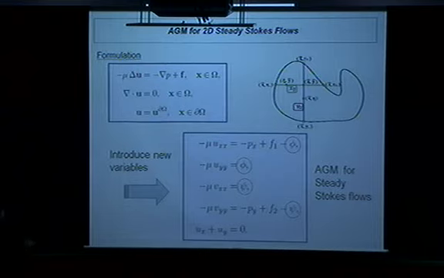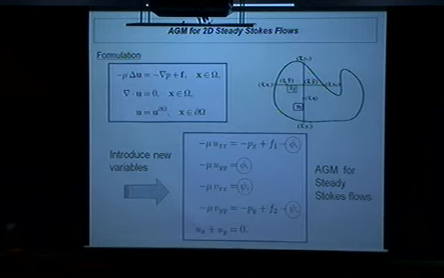By introducing pi, the first momentum equation can be decomposed into these five equations. The last divergence-free equation is not decomposed. So we have 5 equations, but 2 unknowns newly introduced. So we have 5 unknowns and 5 equations. Later on, we eliminate u and reduce to just 3 equations.